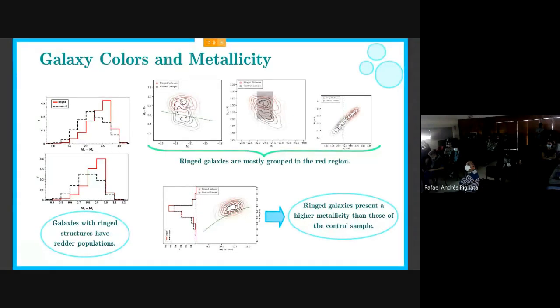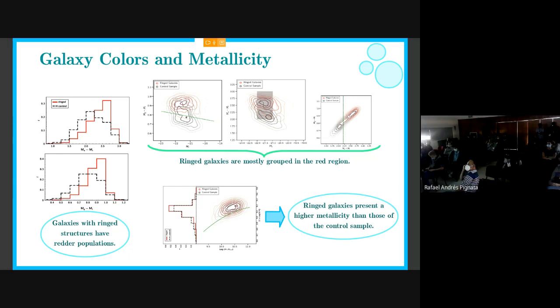Moreover, from the mass-metallicity relation, over the entire range of masses, ringy galaxies present higher values of metallicity. All these results reflect the previous analysis, indicating that ringy galaxies present a redder population with low star formation activity.